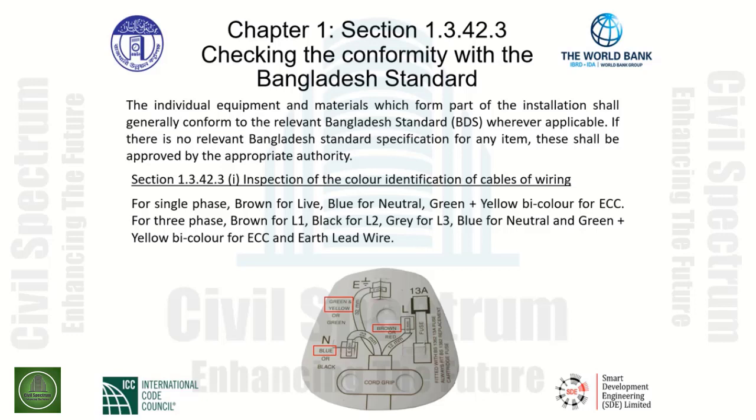Below we see an example again of our socket. Single phase socket. We have the blue neutral wire connected to the N terminal of the socket. The green and yellow wire for our ECC is connected to the earthing outlet terminal.